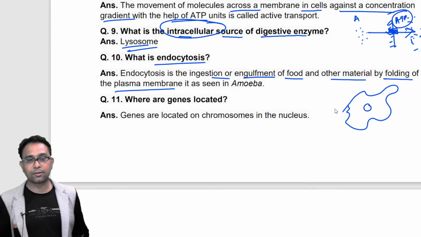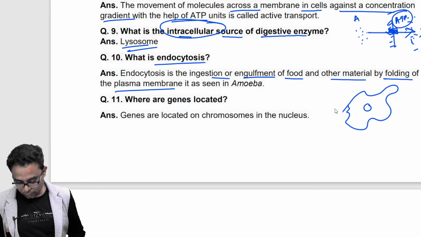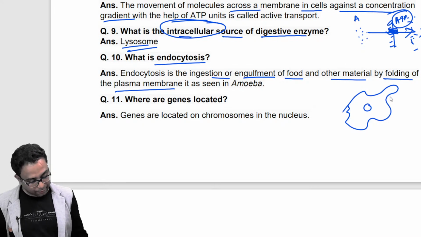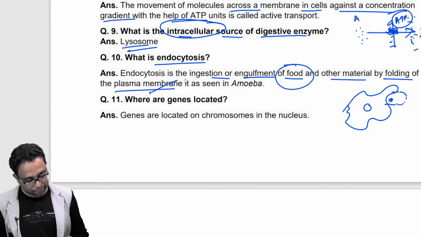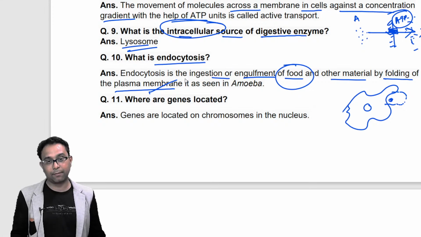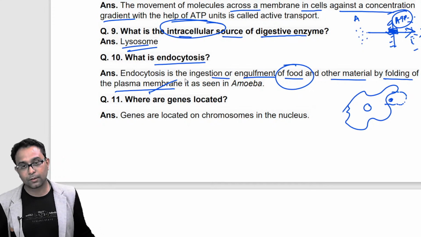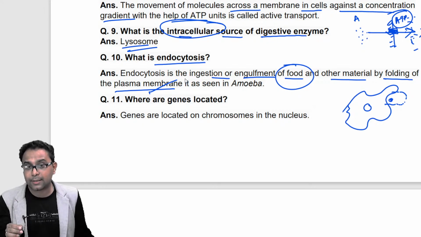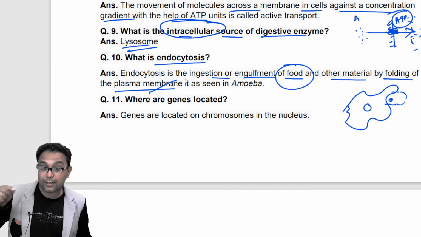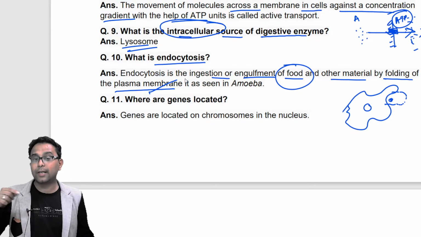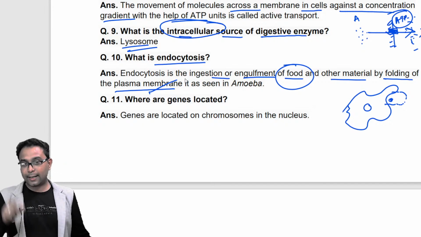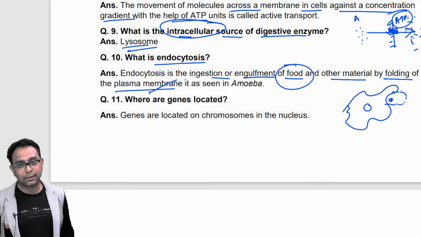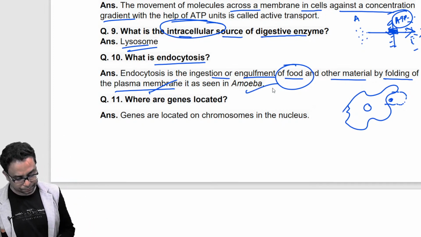This is the structure of the amoeba, and in that amoeba there is food, and they engulf this food with the help of the plasma membrane, by folding of the plasma membrane. This is called endocytosis. That means the food enters inside the cell. Endo means internal, inside. The most common example is the amoeba.